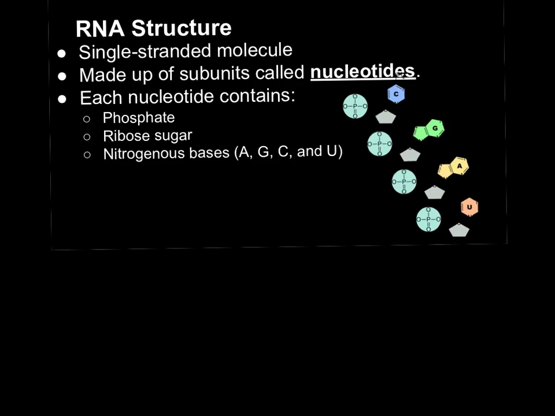RNA is a single-stranded molecule, so here it's just one strand. It's made up of subunits called nucleotides, that name sounds familiar, and each nucleotide contains a phosphate, a ribose sugar, and a nitrogen base.